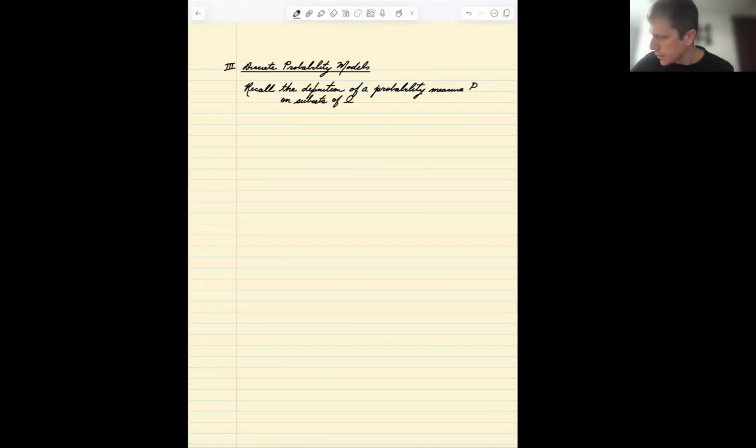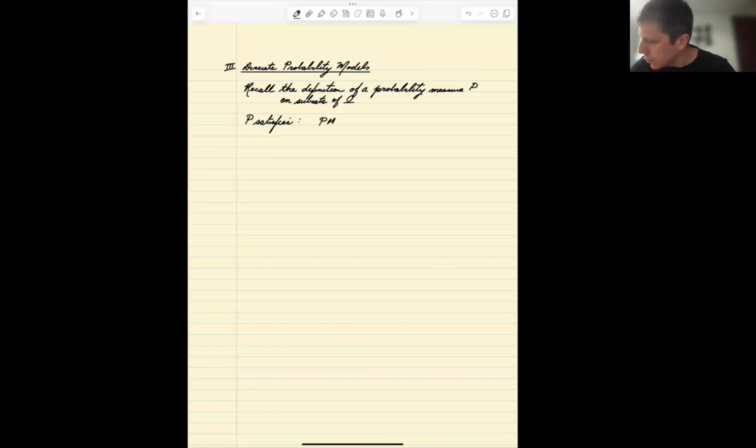Omega is the sample space, all possible outcomes. Subsets of omega are events that we're interested in. The probability measure is what assigns probability to every possible event. So I will be quite repetitive in repeating that over and over again because it's important to keep it straight.